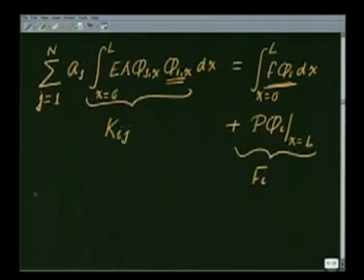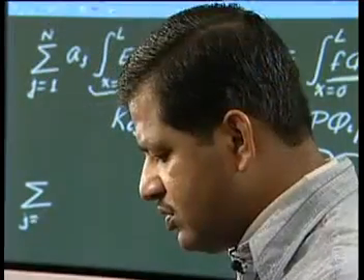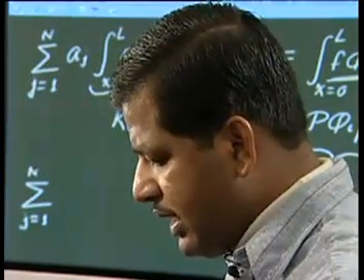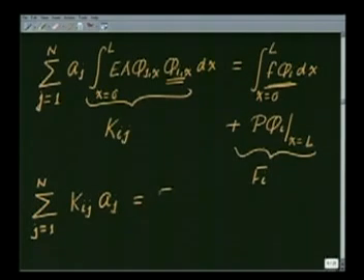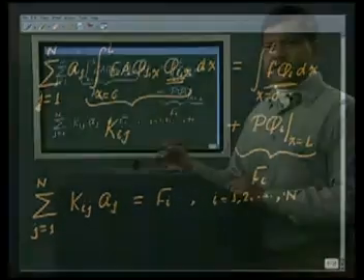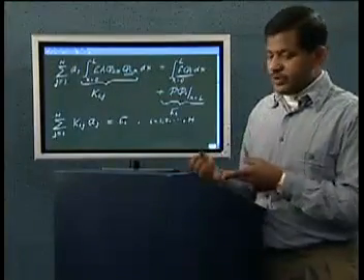So we'll call this by a name fi, which is again a number. So what we'll get as the equation is the sum over j equal to 1 to n of kij aj is equal to fi. Now for i going from 1 to n, for each of these i's we'll get an equation.